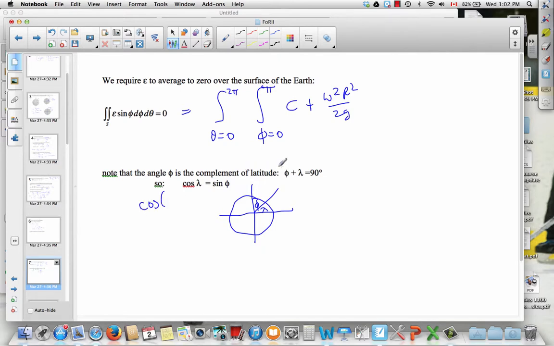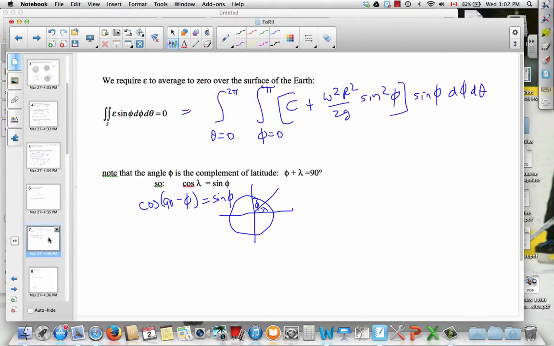The cosine of 90 minus phi, which is what lambda is, you can use the angle sum identity and show that that just equals sine phi. So where I had cos squared lambda here, I'm going to replace it now with sine squared phi. Now all of that will get multiplied by the little bit of area on the sphere, which is sine phi d theta.